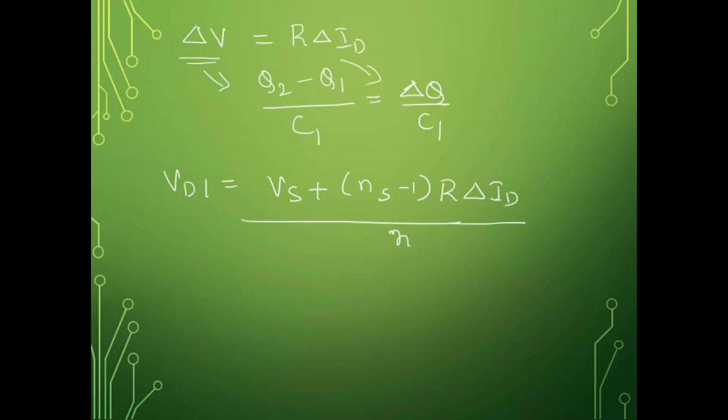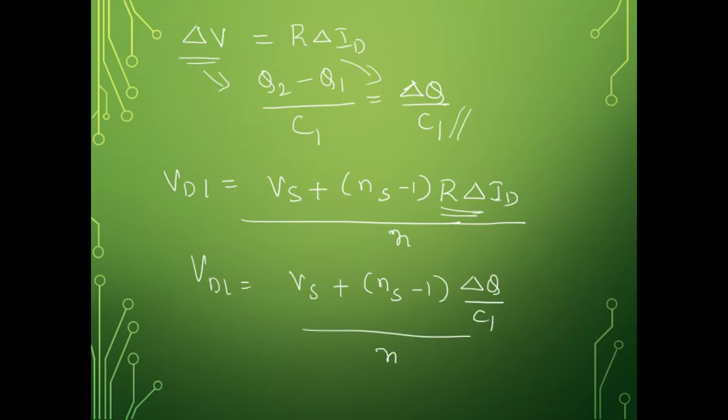Now in the place of R into delta ID, we substitute the charge. So we get VD1 is equal to Vs plus Ns minus 1 into delta Q by C1, the whole thing divided by Ns. The worst case, that is transient voltage sharing, will occur when Q1 is equal to 0.